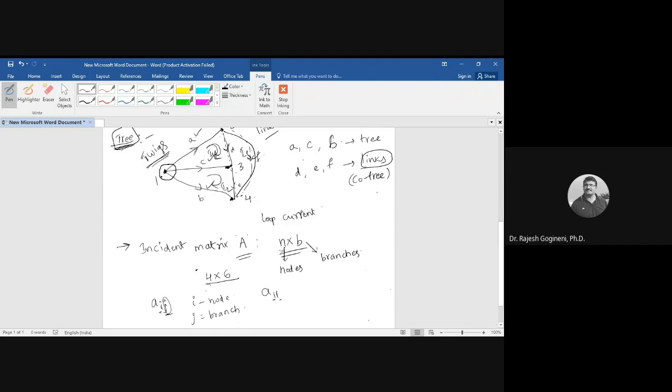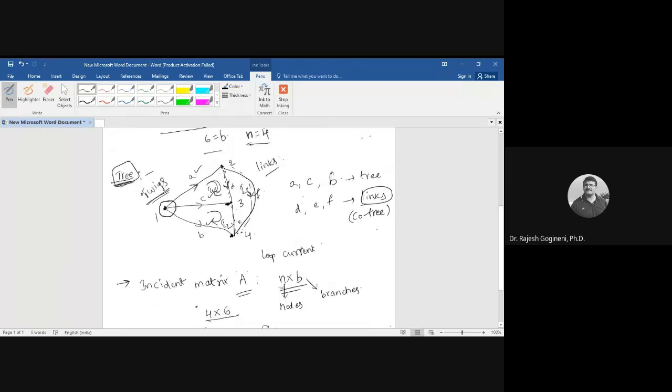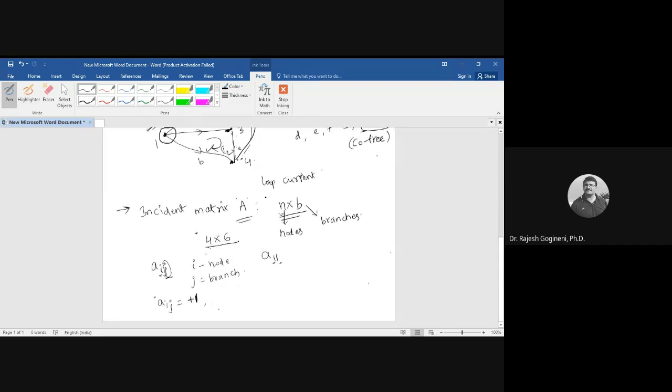Incident means it is connected. If you see node 2, what are the incident branches on node 2? A, D and F are the incident branches, right? Like this, that is called incidence.